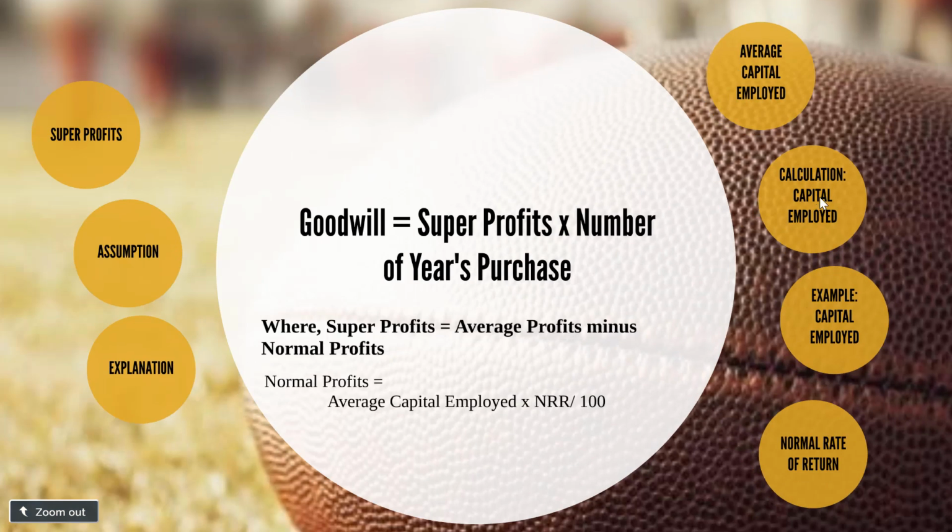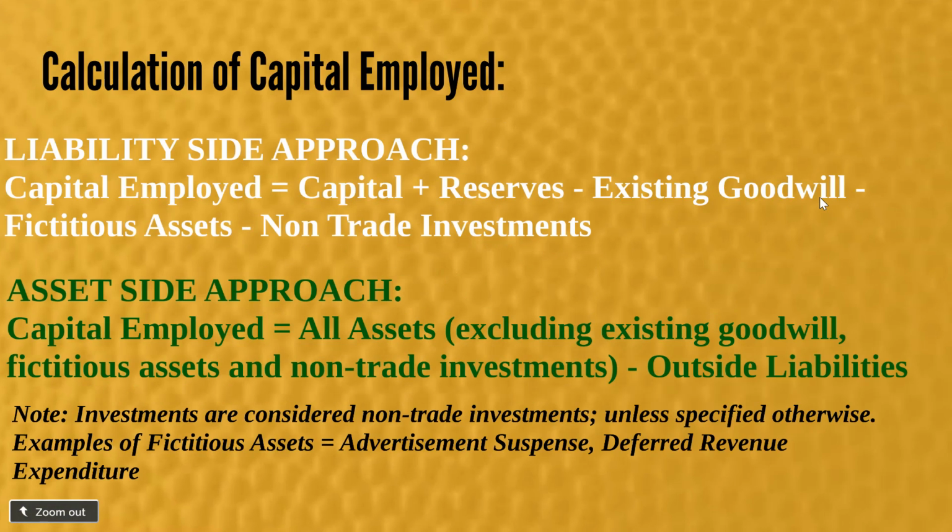Now, how do we calculate the capital employed or the capital which is invested in the business? There are two approaches to calculate this capital which is invested in the business. The first one is called liability side approach, and the second one is called asset side approach.